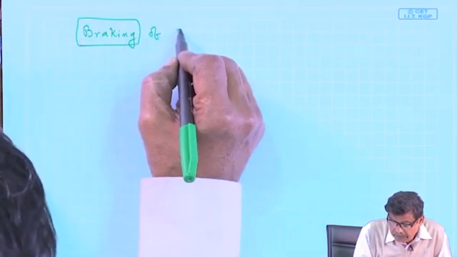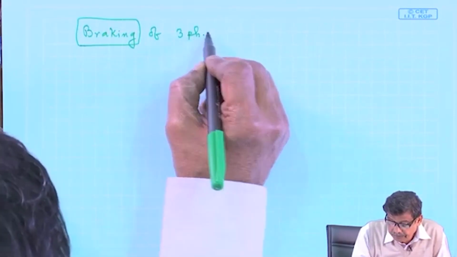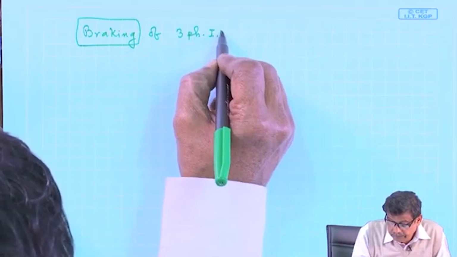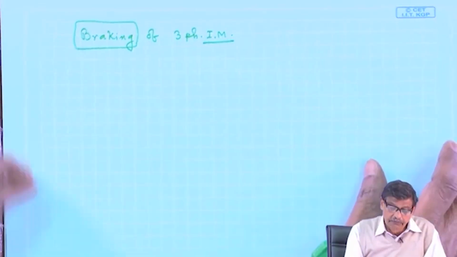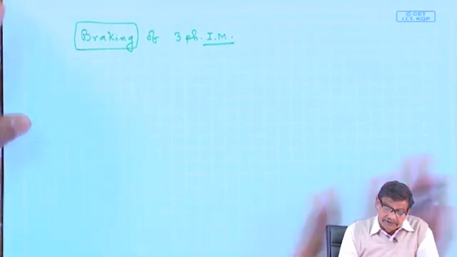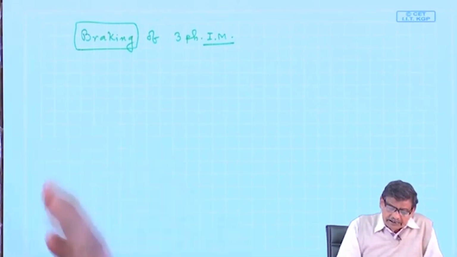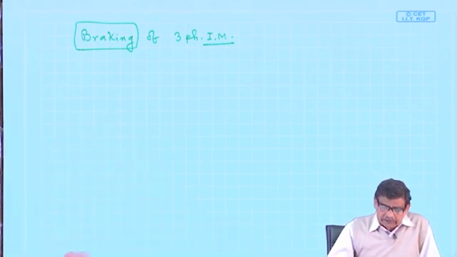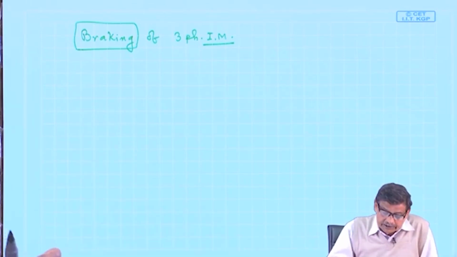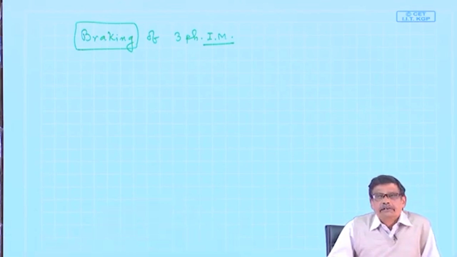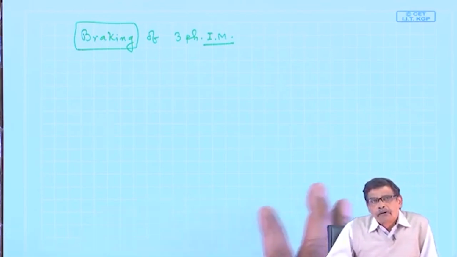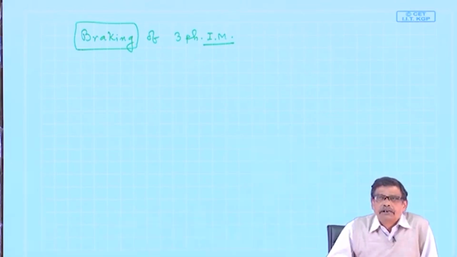Braking of three-phase induction motor. What is this? You know, braking is very simple to understand if you go by this. When we ride a bicycle, I want to stop quickly. What do I do?